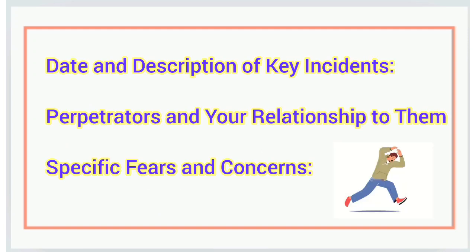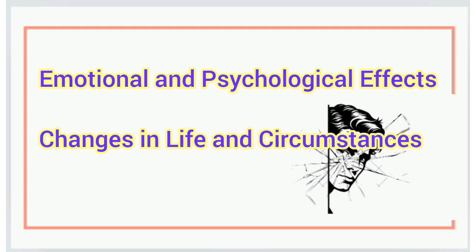Reasons for seeking asylum: date and description of key incidents, perpetrators and your relationship to them, specific fears and concerns. Impact of incidents: emotional and psychological effects, changes in life and circumstances.